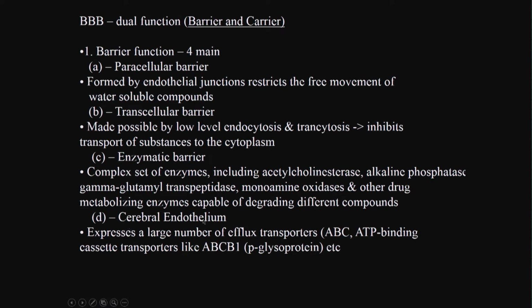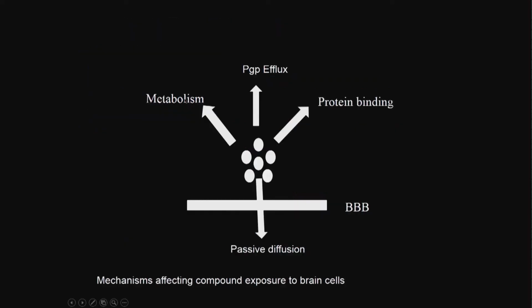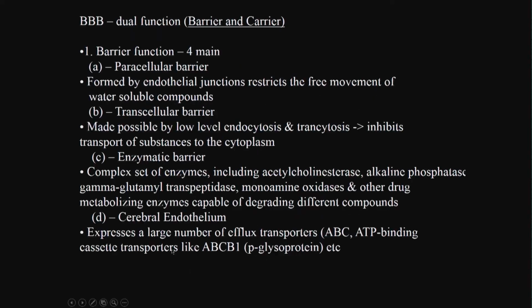Cerebral endothelium expresses a large number of efflux transporters, the ABC transporters, ATP binding cassette transporters, like ABCB1 and so on, P glycoprotein. So four different barriers are there.